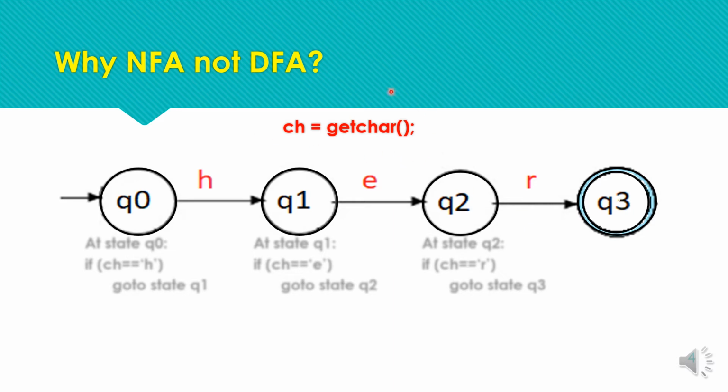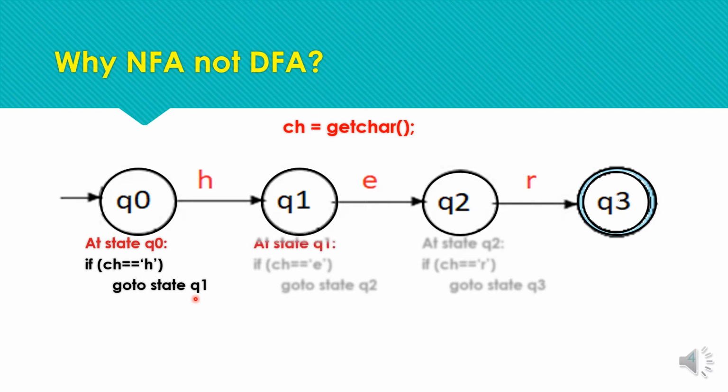So we are reading the symbols of the string one by one, and for every stage, we are not going to implement this transition diagram directly. We have to write programming corresponding to each and every state of the transition diagram. Like at the state Q0, we can have the coding like, if the character is H, only then move to state Q1.